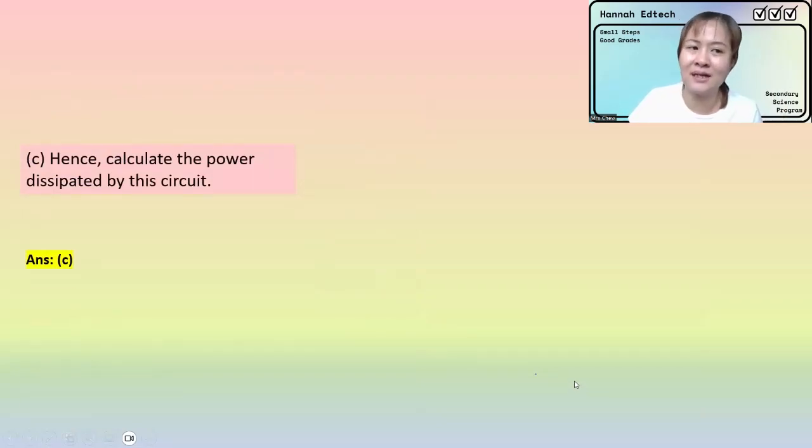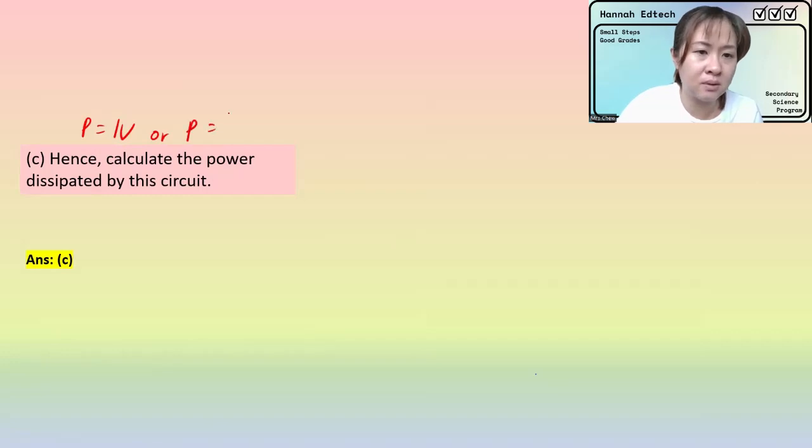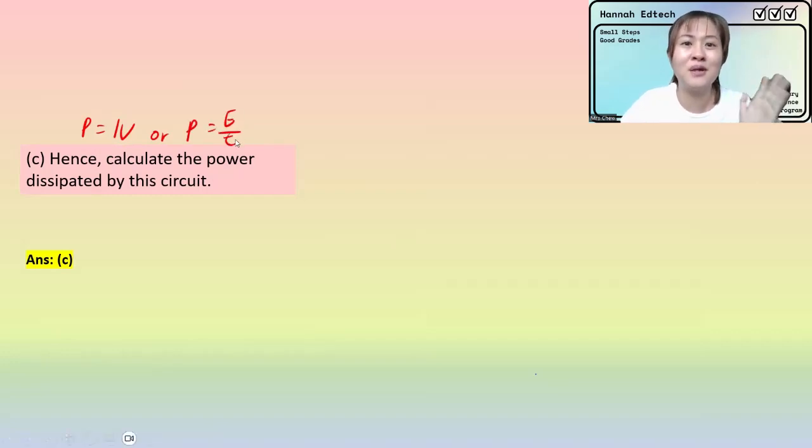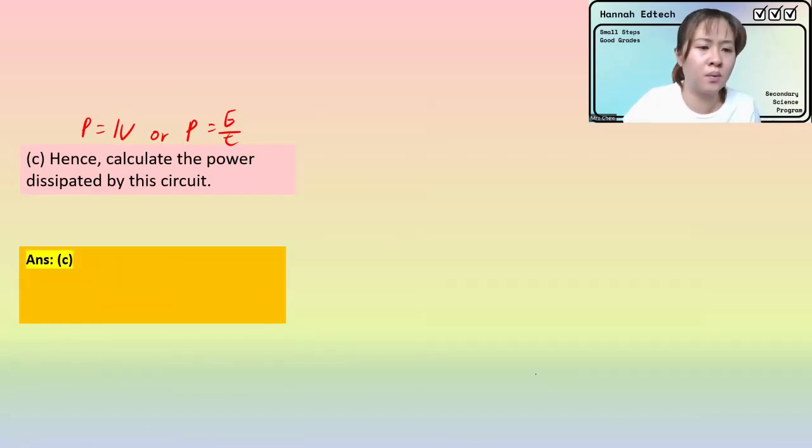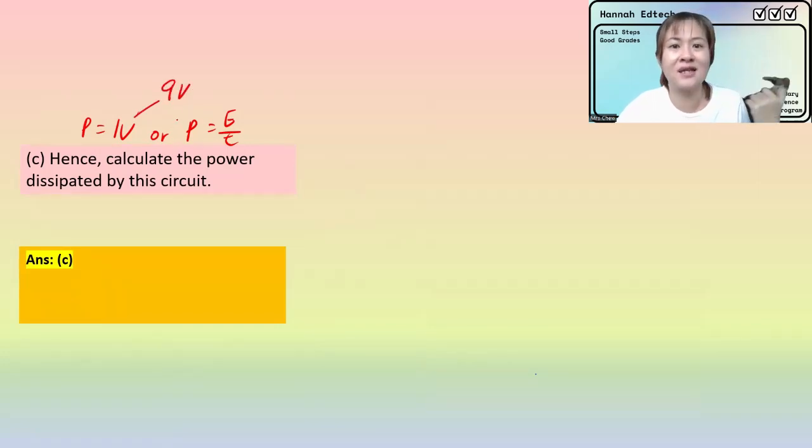So hence calculate the power dissipated. There are 2 formulas, so please take note. P equals IV, or P equals energy over time. So when you do the current electricity chapter, please make sure you have all this information in your head. We actually have this portion, which is 9 in the previous question.